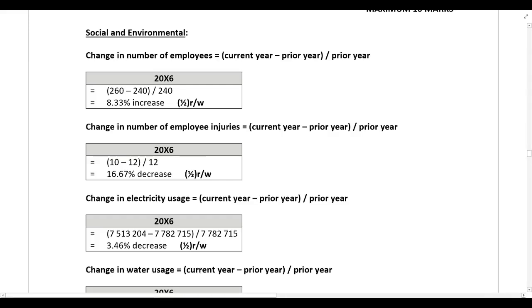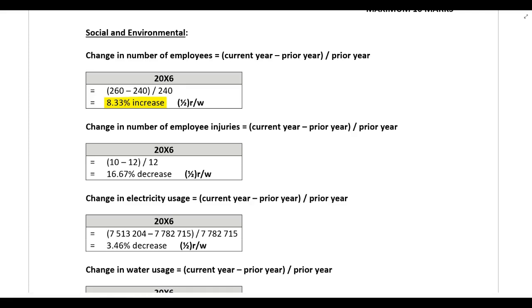So first you should have calculated the change in the number of employees, and you should get an answer of 8.33%, and it's an increase. There's been an increase in the number of employees from the prior year to the current year. Now, when it comes to commenting on these calculations, we're going to follow exactly the same logic as we followed with the profitability ratios.